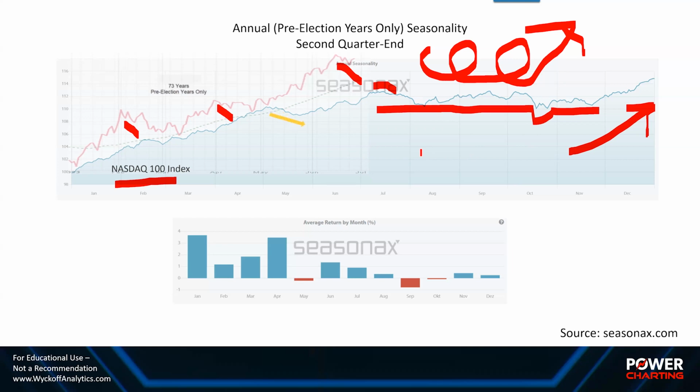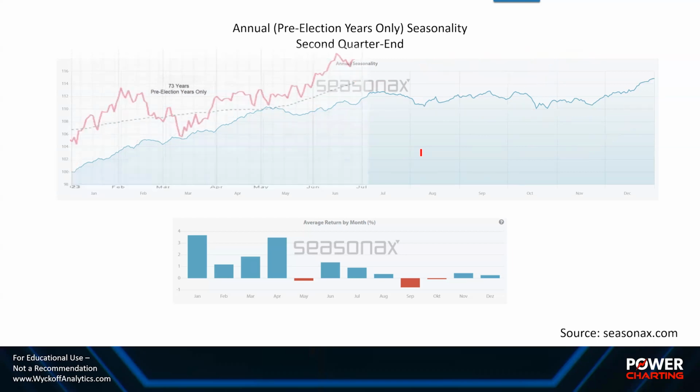Now, just for the heck of it, let's look at the S&P 500. The S&P 500 has been a little bit more of a laggard in comparison to the Nasdaq 100, and it's more associated with the economically sensitive stocks, even though the Big 8, I think, are all in the S&P 500.